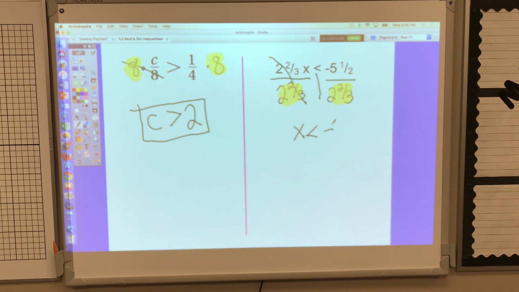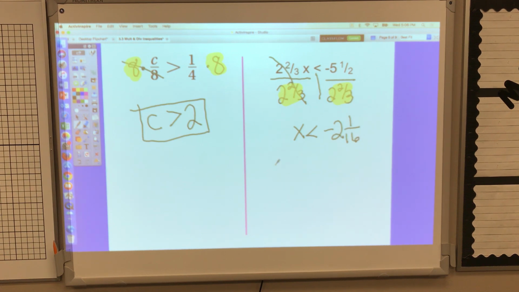My answer is going to be negative 5 1/2 divided by 2 2/3, which becomes a negative 2 1/16.